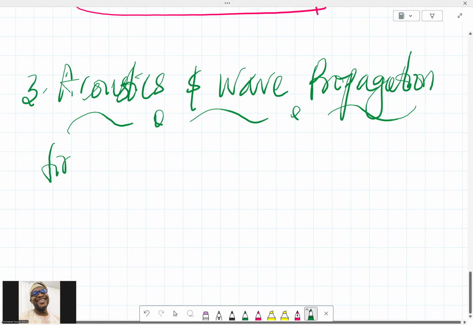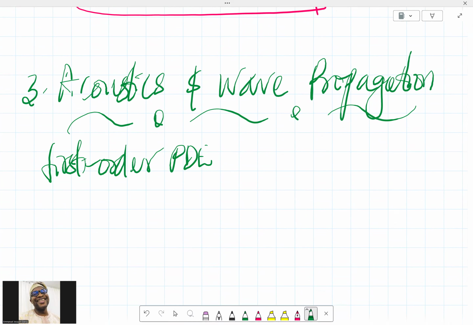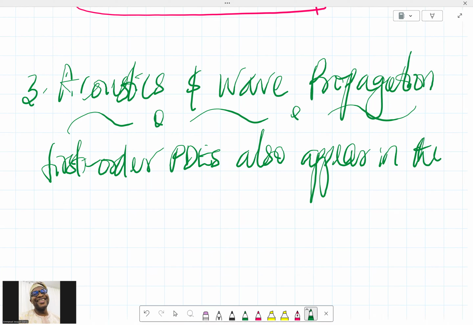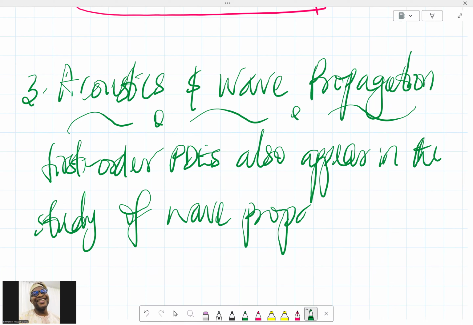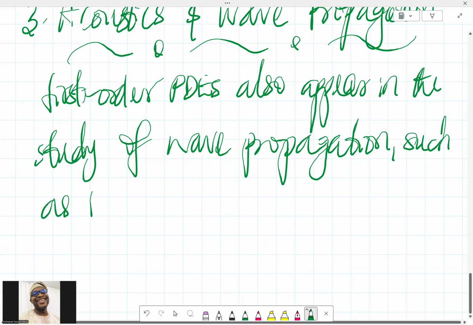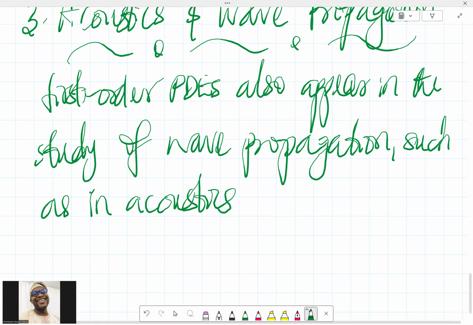First order partial differential equations also appear in the study of wave propagation, such as in acoustics. Acoustics talks about sounds, right?